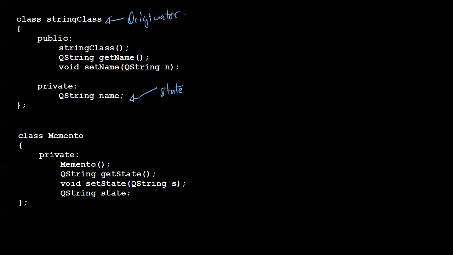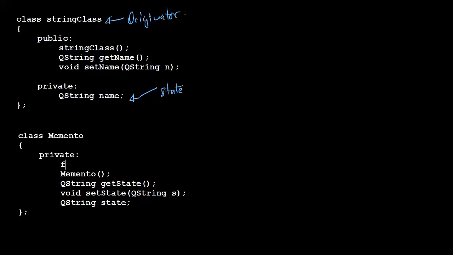How then is this class going to use these functions in this class? That's where you make it a friend. So what you then do in this class is you add a statement, friend class StringClass. So whatever this originator is, you make it a friend of this class. By including this statement, your string class is now a friend of this class.